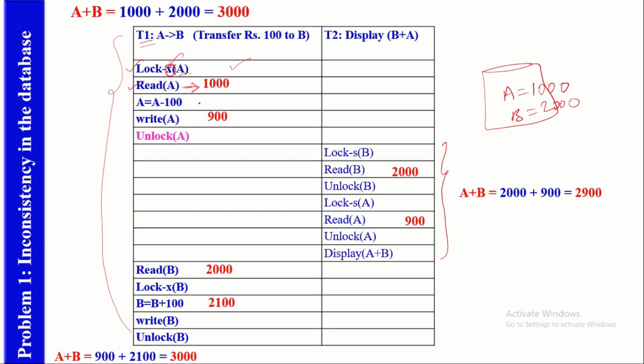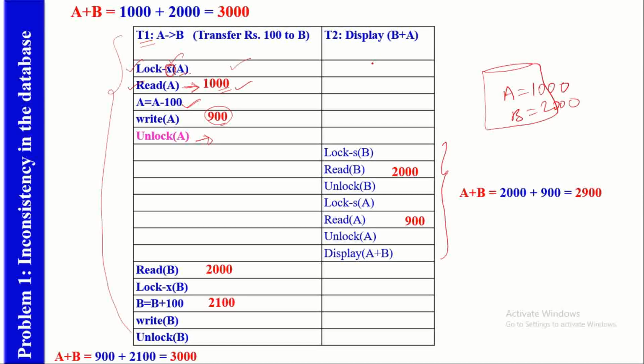When the transaction performs the read operation, it reads the value of A as 1000, and then A minus 100 is computed. After subtracting 100, the A value becomes 900. So it performed both read and write operations. Then it unlocks the lock on A. Right now no transaction is holding a lock on A.